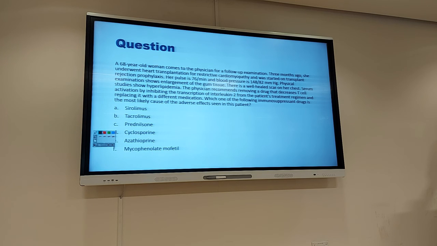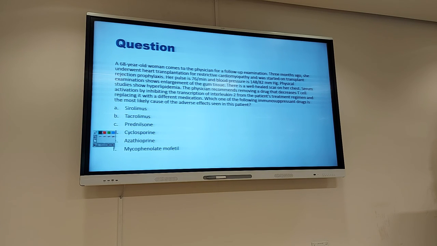Calcineurin. Cyclosporin. So if you say one, then you need to tell me why, not just throw out an answer. Cyclosporin causes gum hypertrophy and hyperlipidemia. So if you look at the question, can you tell me how you came to the answer? What are the clues that you see in the question that give you the answer?